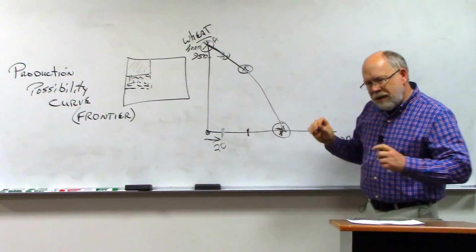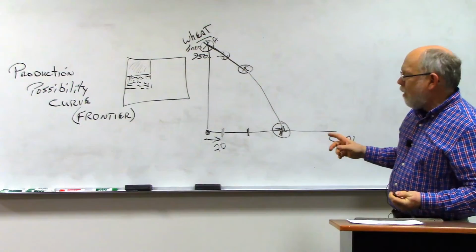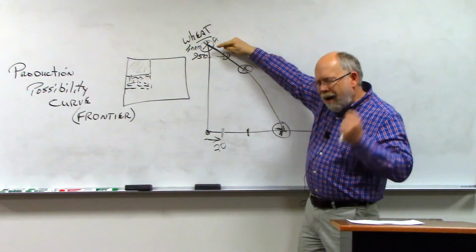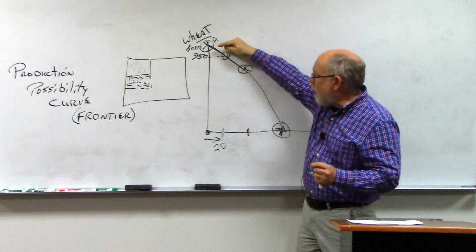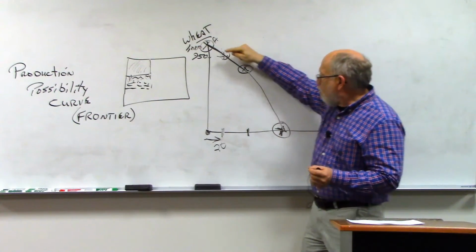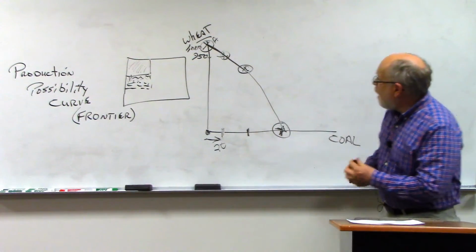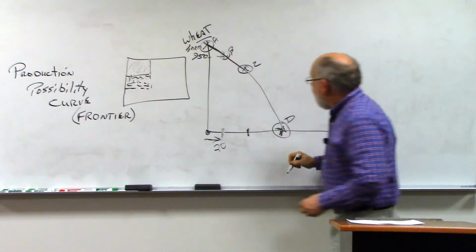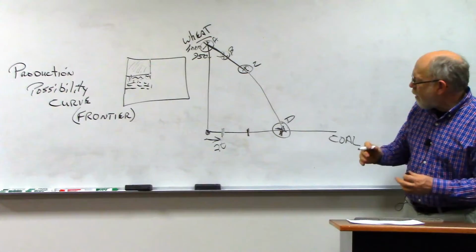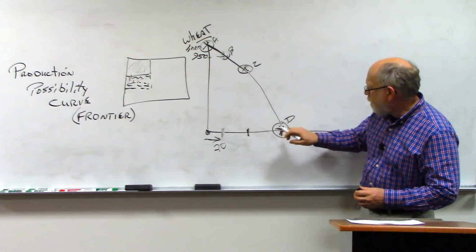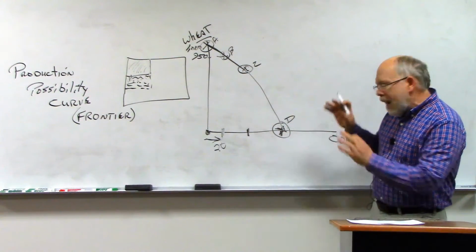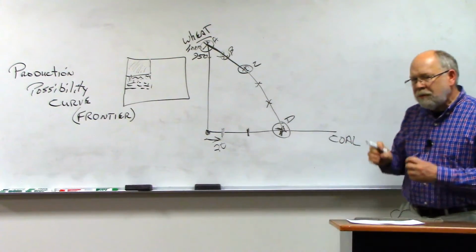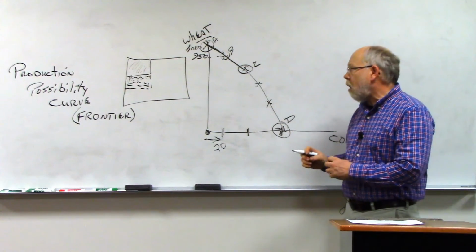Now, what you need to notice about this production possibility frontier is if we're at point A, we're working as hard as we possibly can at point A. We're working as hard as we possibly can, we'll call this B, C, and D. We're working as hard as we possibly can at point D. We're maxed out no matter where on this production possibility curve we are.